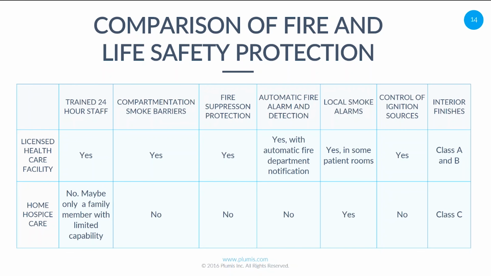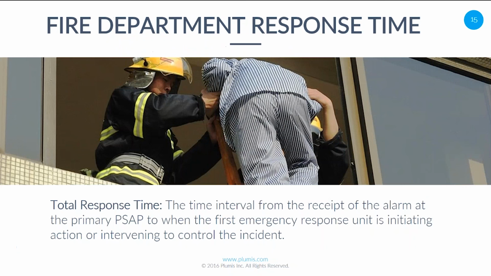So we've looked at the characteristics of the people and why they increase the risk. We've compared the physical environment, that being the healthcare facility versus the 1 and 2 family dwelling. But our analysis of our community risk and the development of a reduction plan has to also consider fire department response time.